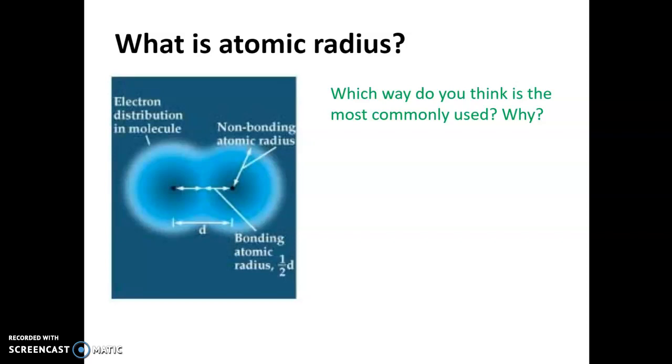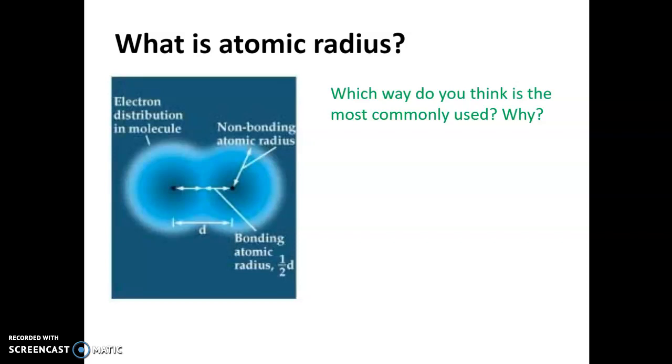So what scientists settled on is that we use the bonding atomic radius, 1/2 d, because it's really rare for us to be studying elements that aren't bonded to anything else, right? The only elements that really hang out and aren't bonded to anything else are the noble gases, and they don't do a lot of chemistry anyway, so whatever.